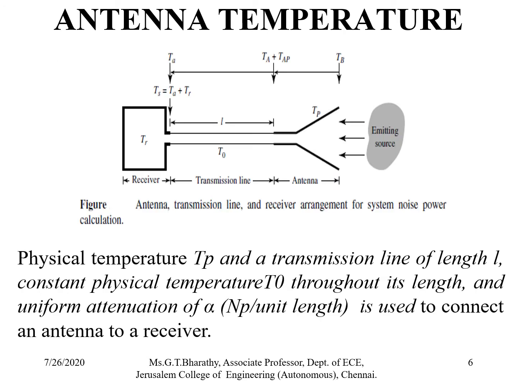Then we saw the diagrammatic representation for the calculation of antenna temperature, where we have different types of temperatures: TR, which is the receiver temperature, TP, the physical temperature of the antenna, and T0, which is the temperature of the transmission line of length L. We also know that the transmission line is assumed to have a constant, uniform attenuation represented by alpha.